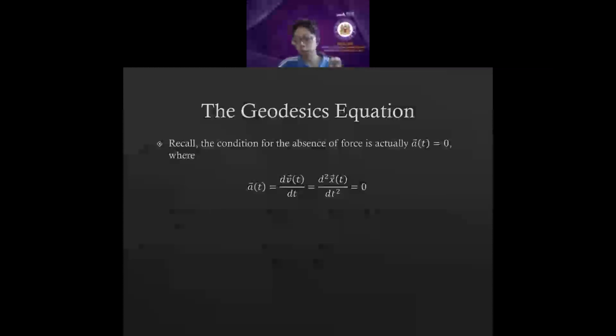It is an equation that involves vectors. In particular, we have the derivative of the vector velocity with respect to time equal to 0, not just the derivative of the components equal to 0.